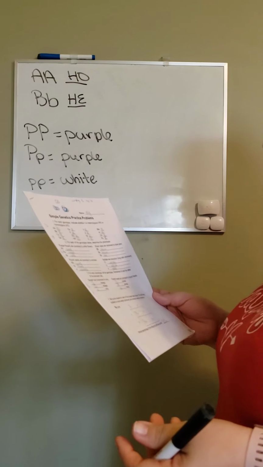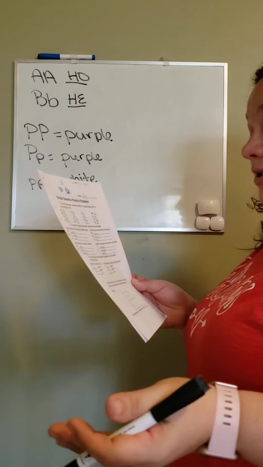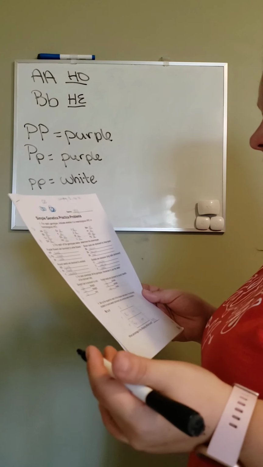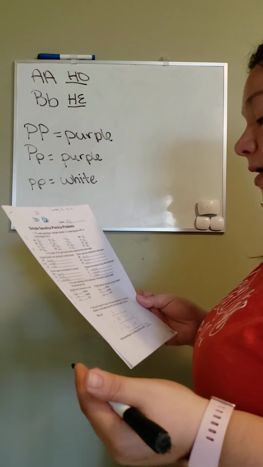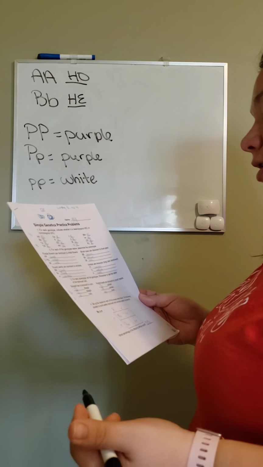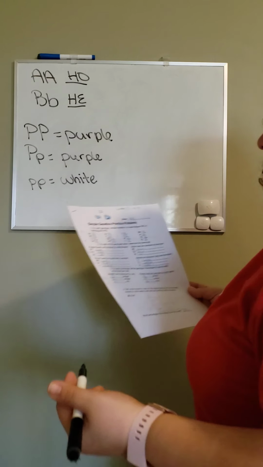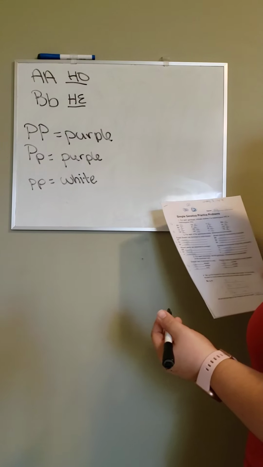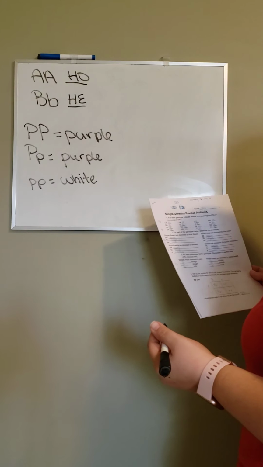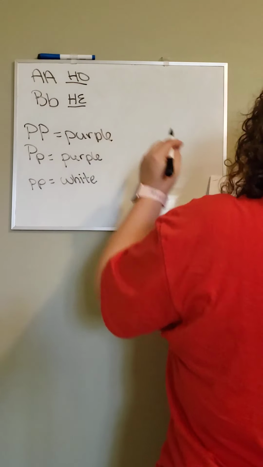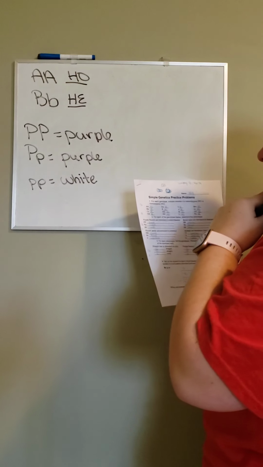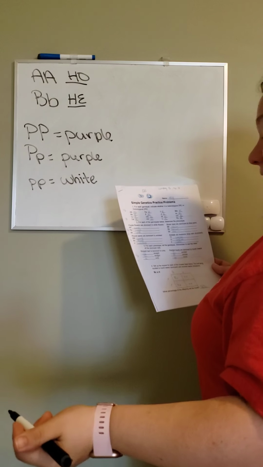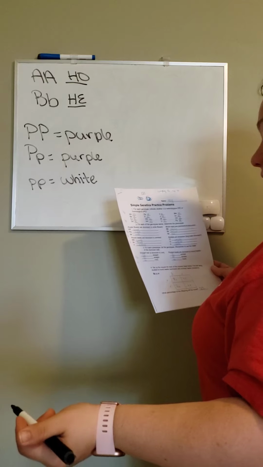For number 3, it wants you to do the opposite of what you did in number 2. It's going to tell you the trait, and then you give me the genotypes. So for the first one, it's straight hair is dominant to curly hair. So that means for a straight hair person, we're going to use S because straight is dominant.